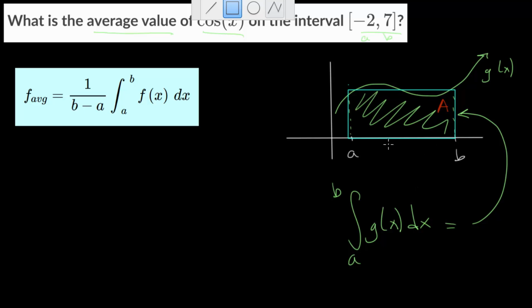In this case, the base of this rectangle is just the interval length, which is b minus a. And the height of this rectangle would essentially be the average function value along this interval. So this height here is just equal to f average.